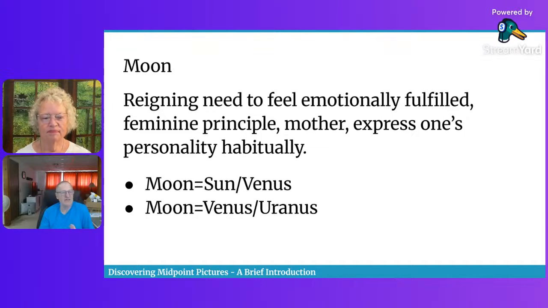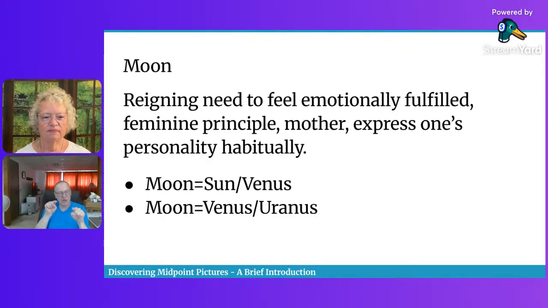Okay, this is not the stable moon equals sun Venus. This is Venus Uranus that wants to be a little bit different. And the interesting thing about if we have a chart like this, we go in there, it's not that Venus Uranus has a little commandment that says you must be this way.